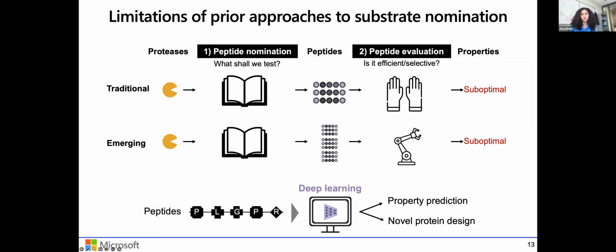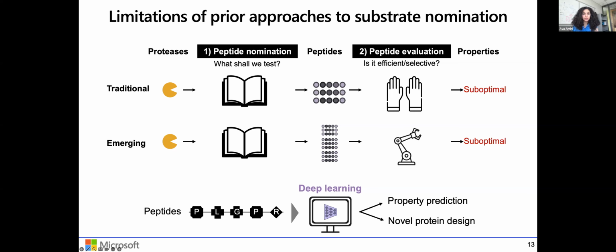And so our motivation here was to develop a deep learning pipeline that would learn over the amino acid sequences of these peptide-based substrates to not only enable generative peptide design, but also rapid in silico screening of these candidate substrates for their predicted activity relative to target proteases.